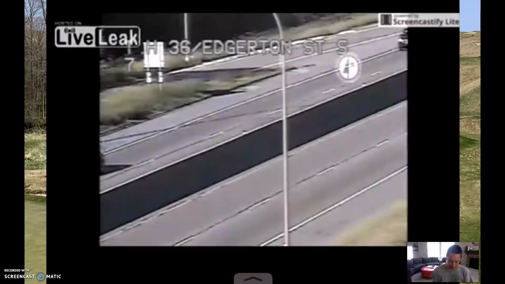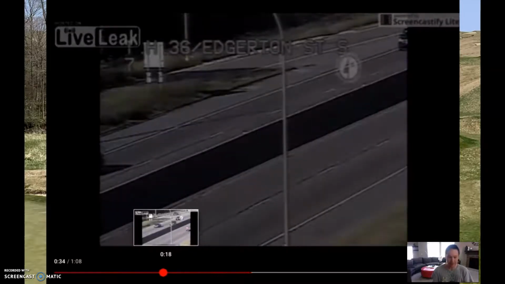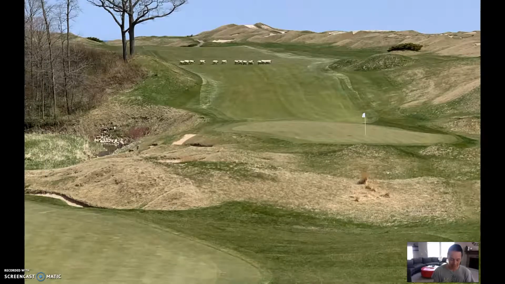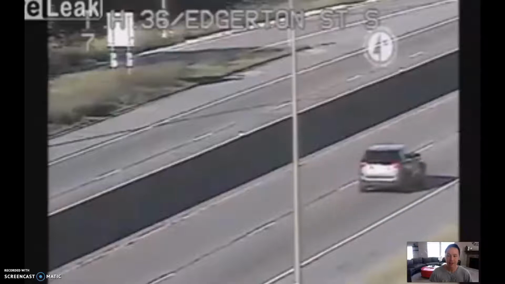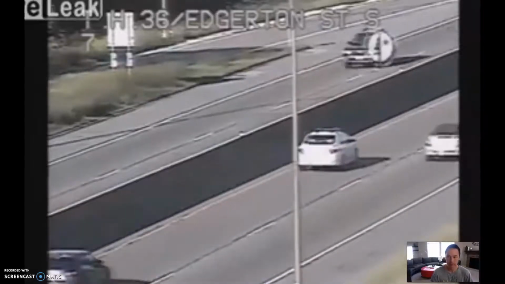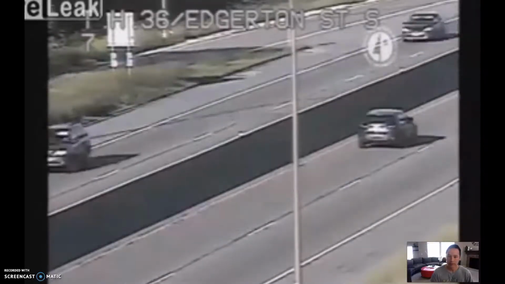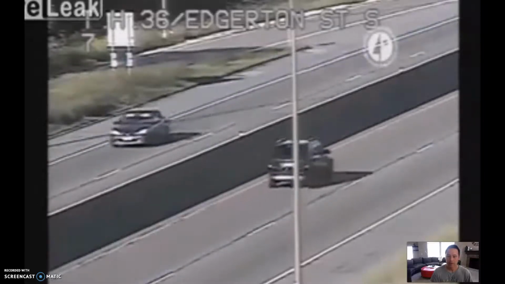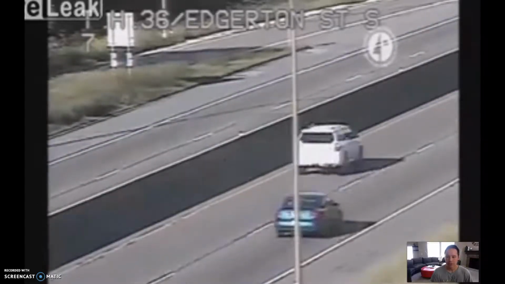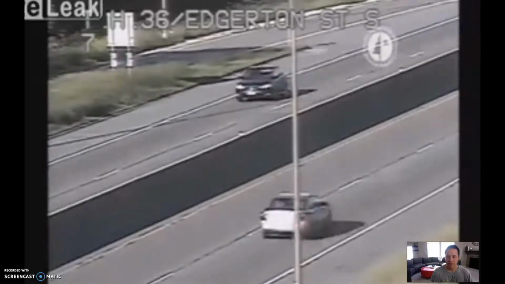This is right here in Minneapolis, right off of Highway 36, I think. Just watch this inside lane. Just a second and it'll pop up. Watch the inside lane of traffic coming at us. Almost there. Not yet.